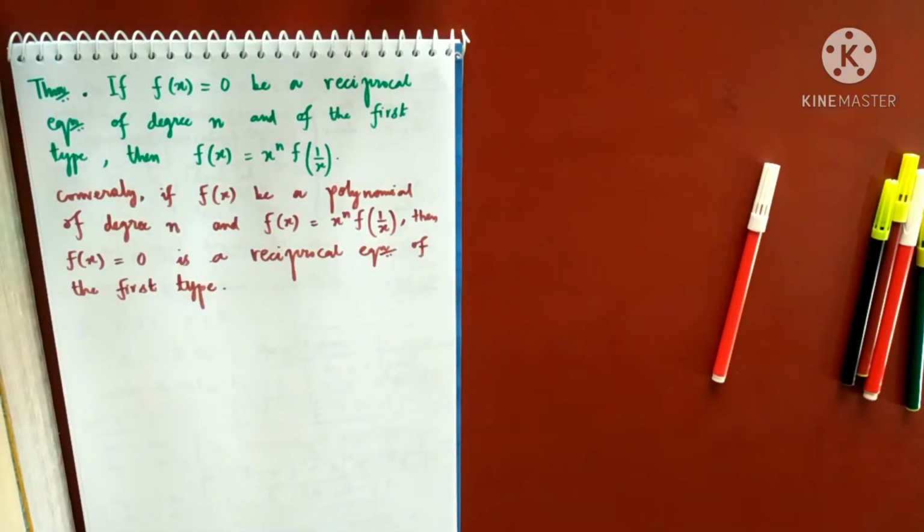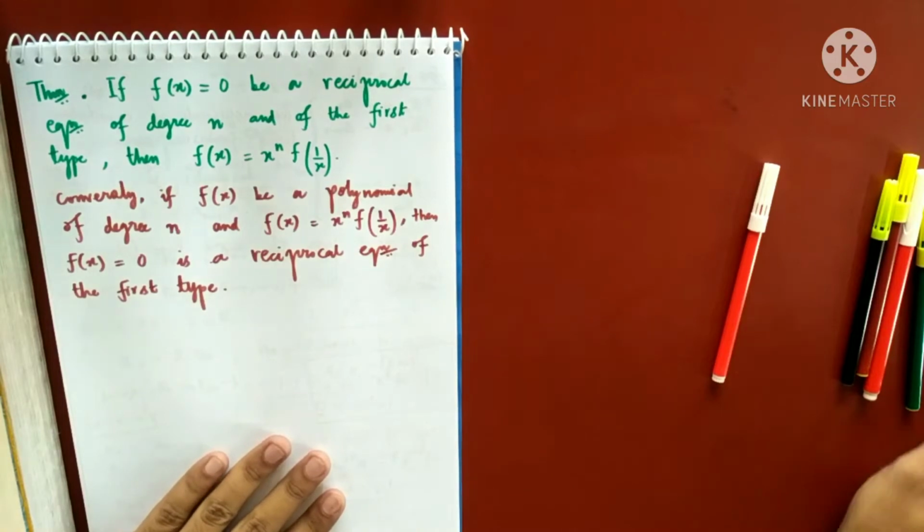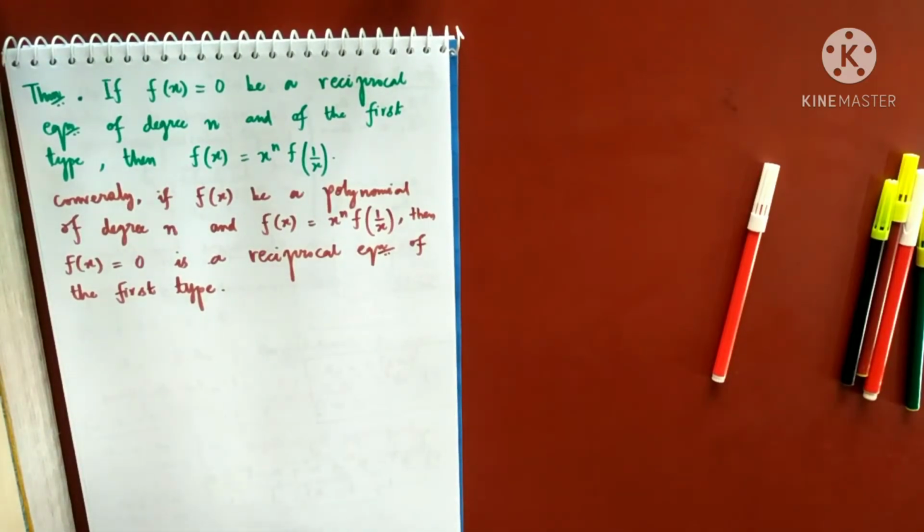So this theorem gives us a necessary and sufficient condition to be a reciprocal equation of first type.